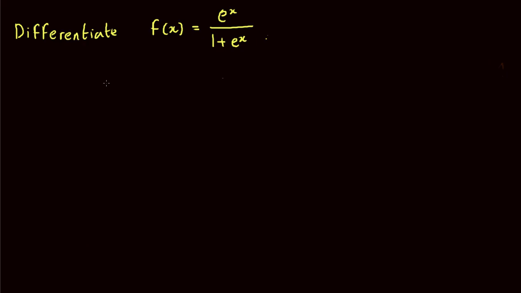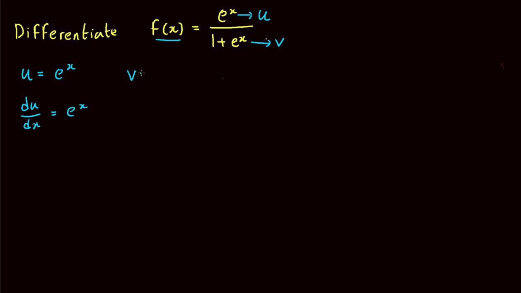Okay, so assuming that you already paused and gave it a try, the first thing we can do to solve this problem is, obviously this is f(x) in the form of e to the power of x over 1 plus e to the power of x. So we use the quotient rule. I'm going to denote this as u, and this as v. So u is equal to e to the power of x, and if we differentiate u with respect to x, du/dx is simply e to the power of x.